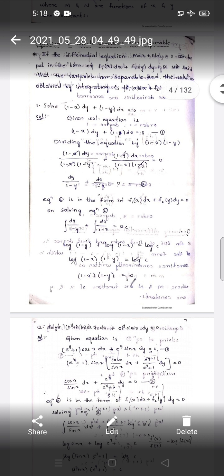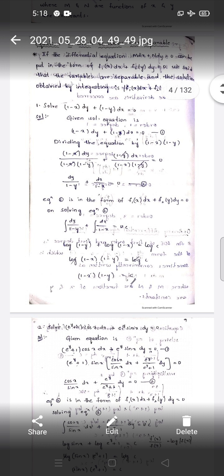Next, the log on both sides cancels, so the remaining value is (1 minus x)(1 minus y) is equal to c. Hence the required solution is (1 minus x)(1 minus y) is equal to c.